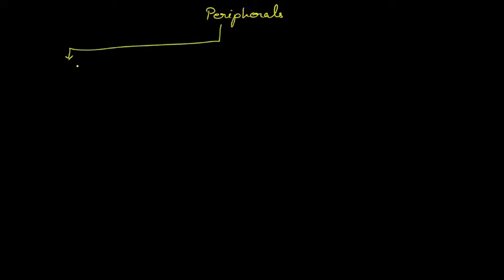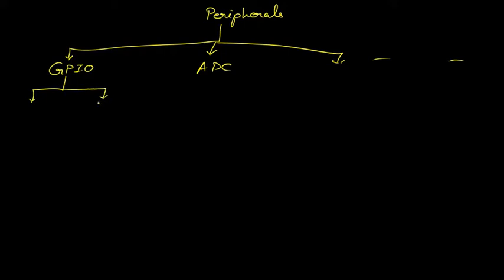There are many peripherals in the microcontroller. Out of those peripherals, you have GPIO, and you can also have ADC, DAC, and so on. We are focused right now on GPIO, and GPIO is connected via two buses: one is APB, and the other one is AHB.